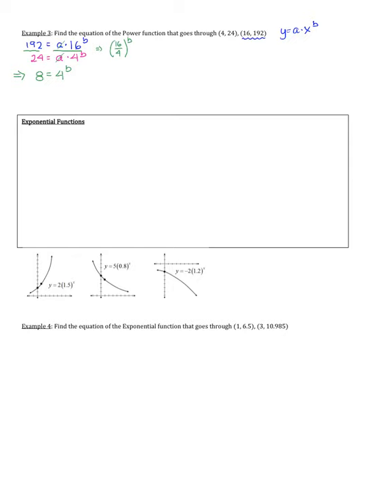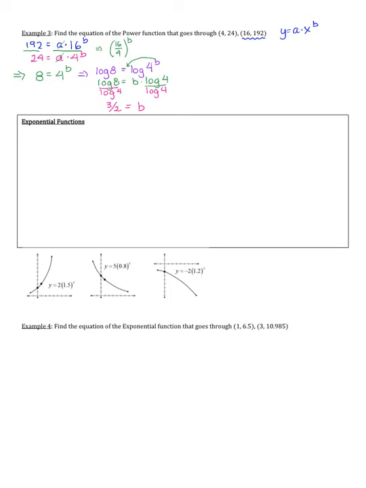If I take the log of both sides, I have 4 to the b, and the exponent can travel down in front. So I have log 8 equals b times log 4, and I divide both sides to isolate b. On the calculator, b equals 3/2.